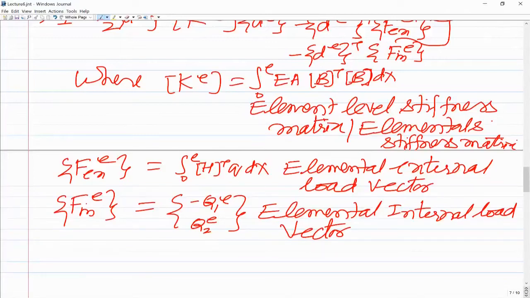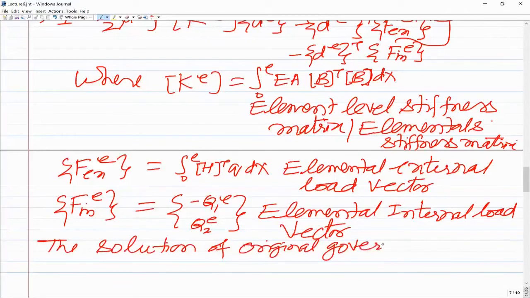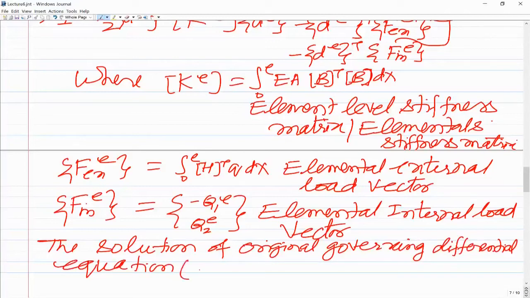So we can say the solution of the original governing differential equation, which we have already derived, for the element level would be d by dx of EA du by dx plus q equal to 0.